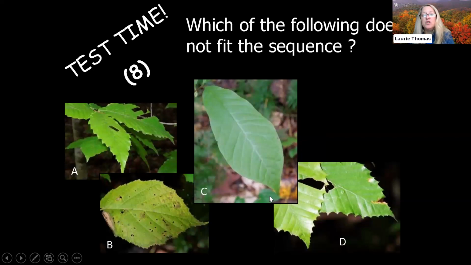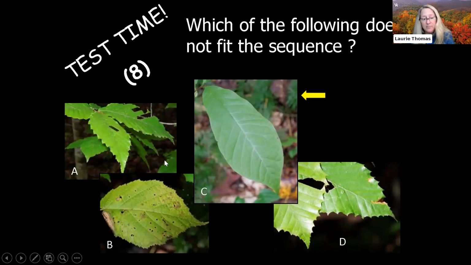All right, which of the following doesn't fit the sequence? We've got A, we've got B, we've got C, and we've got D. And I can't see the chat, but hopefully you're thinking to yourself, well, A, B, and D all have serrated or teeth-like margins and C does not. So you find that C doesn't fit the sequence.